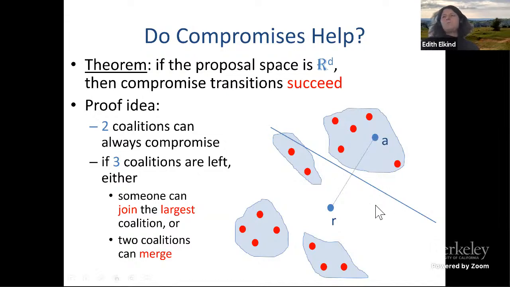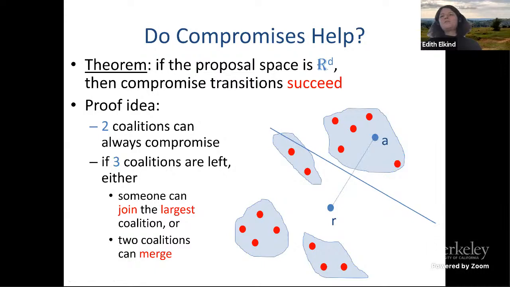Now by construction, remember all agents in this coalition around A, they all sit above that line. Preferring A to R geometrically means exactly being on one side of this line, being closer to A than to R. So this line nicely separates my agents from R. Okay, good.